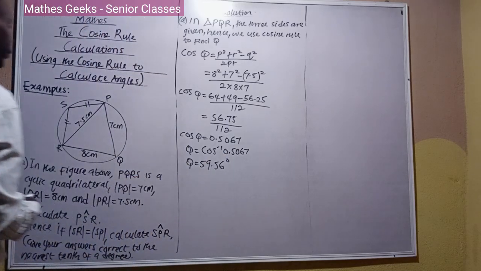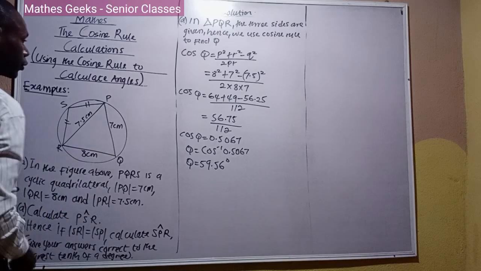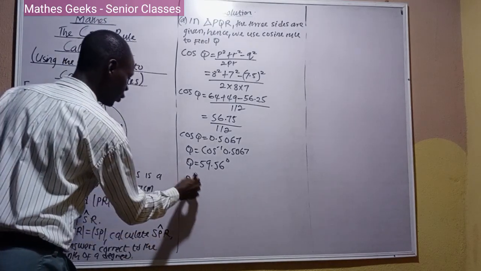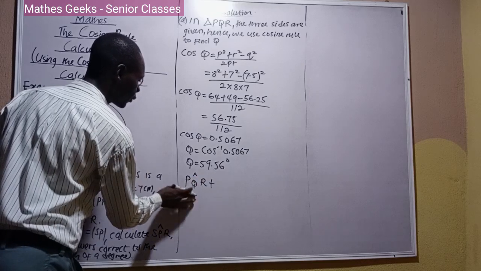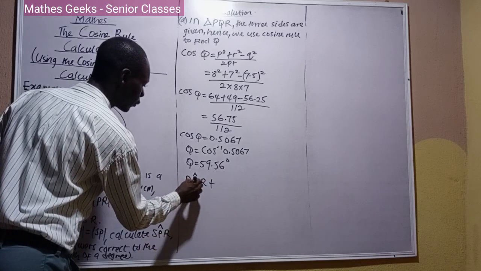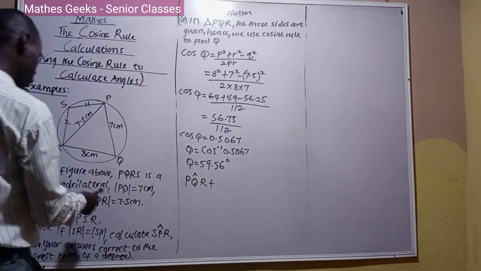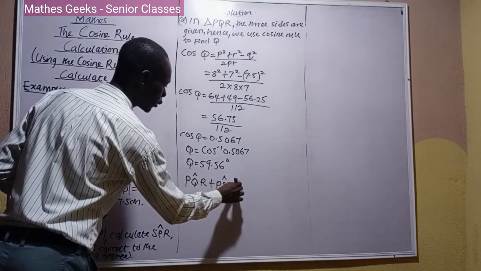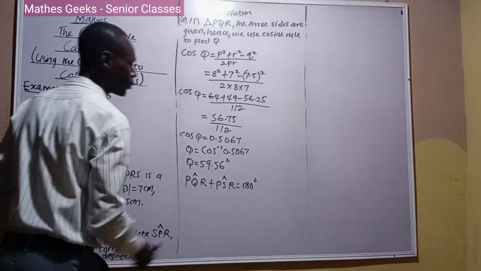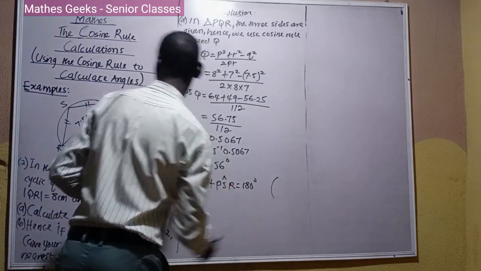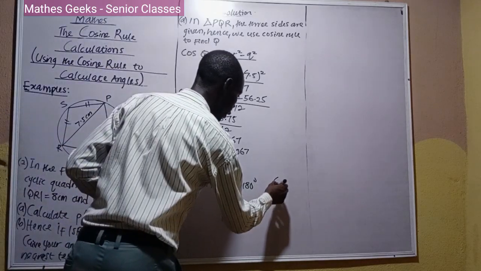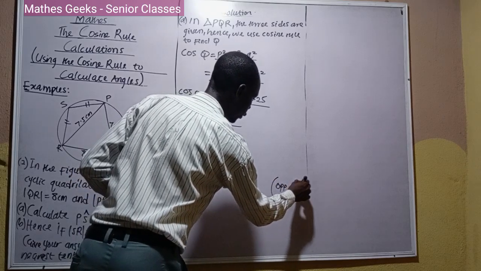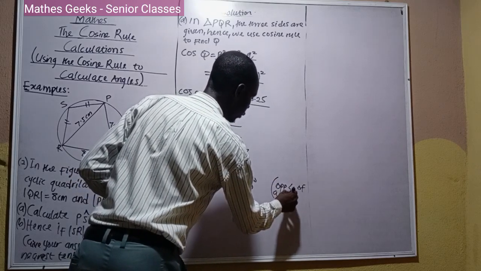So angle Q is equal to 59.56 degrees. Angle PQR plus angle PSR is equal to 180 degrees. What's the reason? Opposite angles of a cyclic quadrilateral.